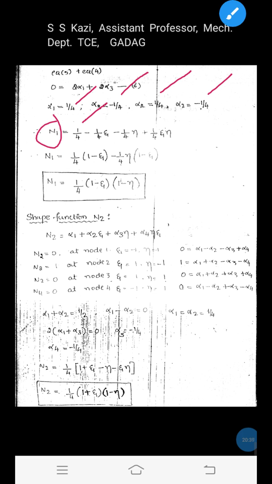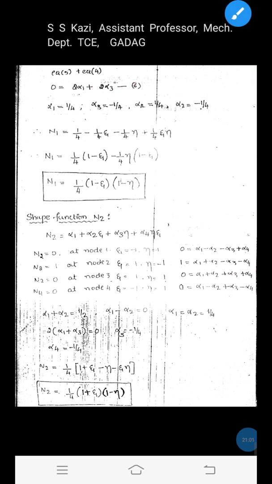What is alpha 2? Minus 1 by 4, that is minus 1 by 4 zeta, plus alpha 3 neta, that is minus 1 by 4 neta, plus alpha 4 zeta into neta. What is alpha 4? Plus 1 by 4, so we got 1 by 4 plus 1 by 4 zeta neta.